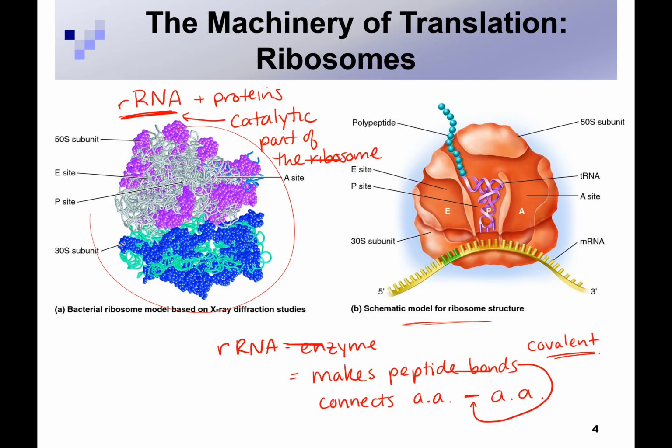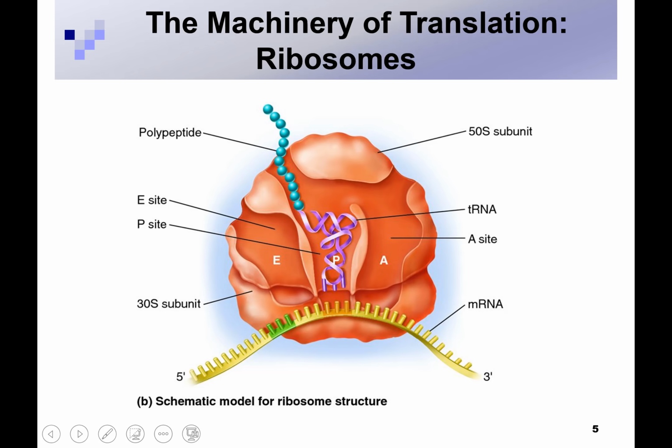Okay, so let's look at this a little bit closer. A ribosome has 3 sites called the EPA site. This in yellow here is the mRNA. Well, I guess it says that right there.